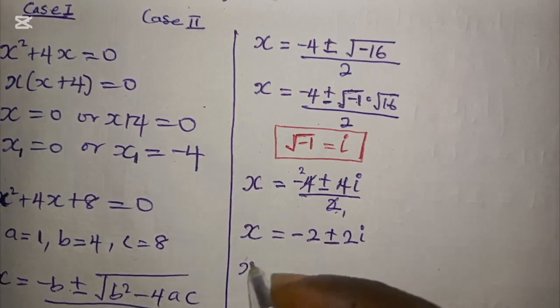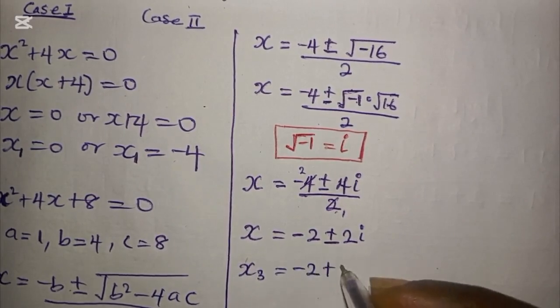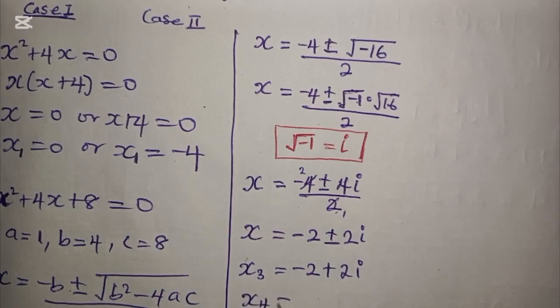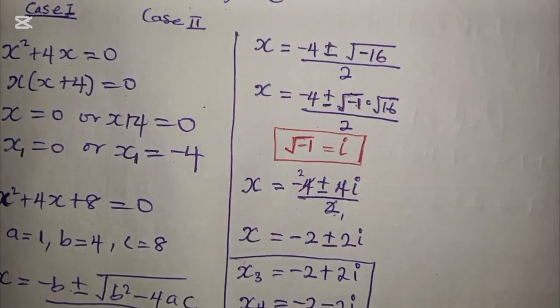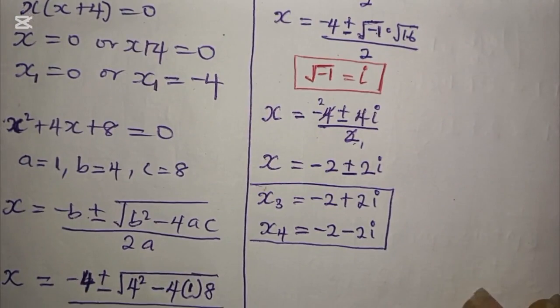Which means our x3 is minus 2 plus 2i, then x4 equals minus 2 minus 2i. So that is the value of x3 and x4.